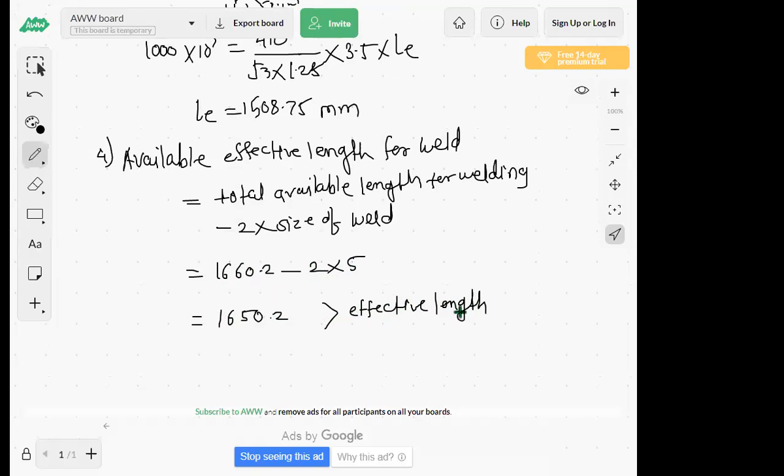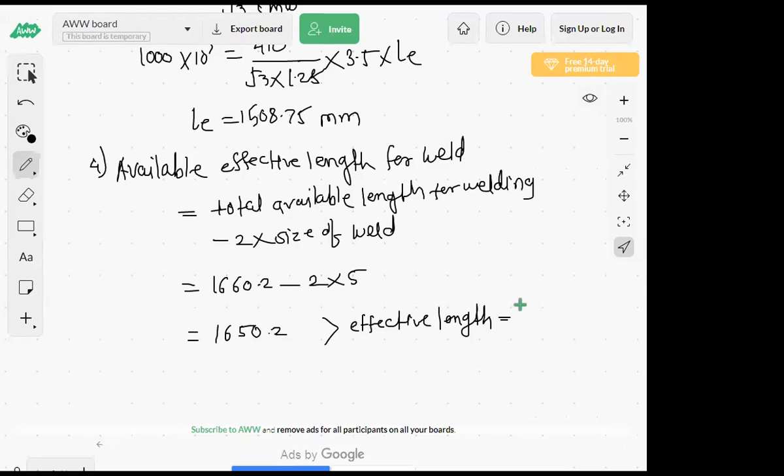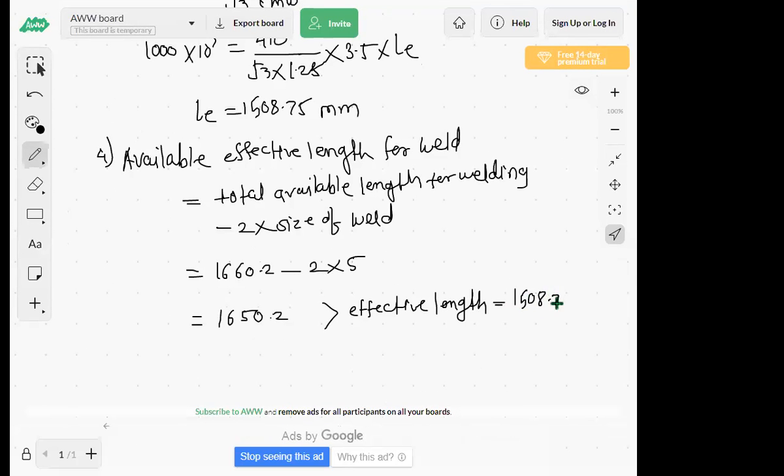And our effective length is 1508.75. So hence the provided size of weld is adequate for weld.